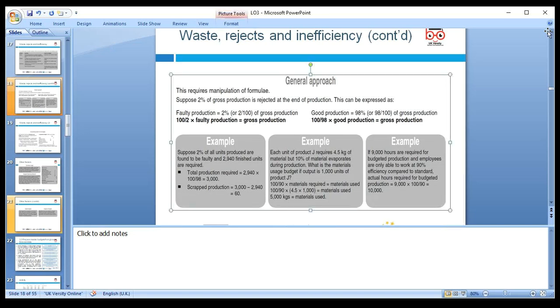So we require 5000 kg of material to produce 1000 units.